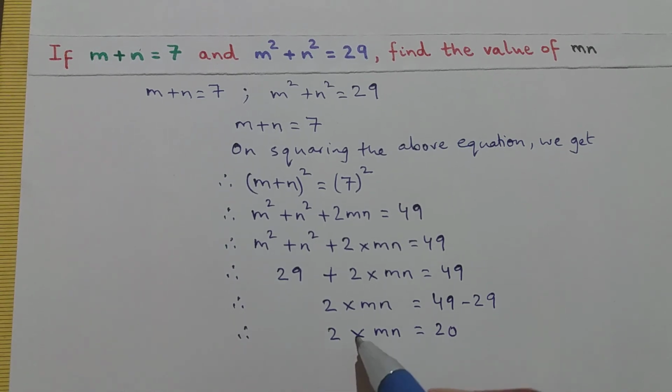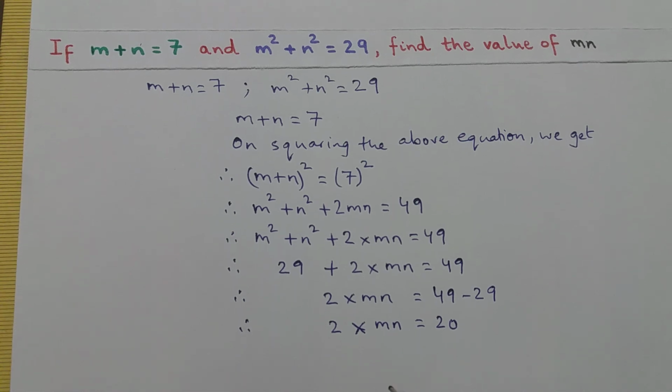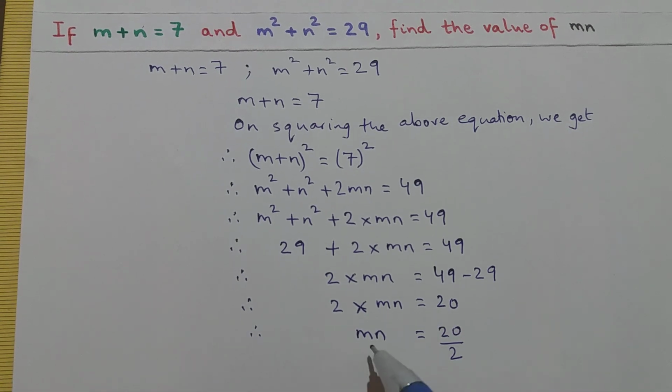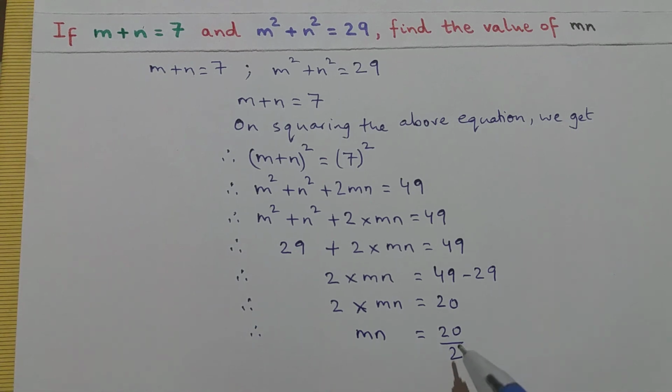So 2 multiplied by mn is equal to 20. From here we can find the value of mn. So mn is equal to 20 divided by 2, and 20 upon 2 is 10. So the value of mn is 10.